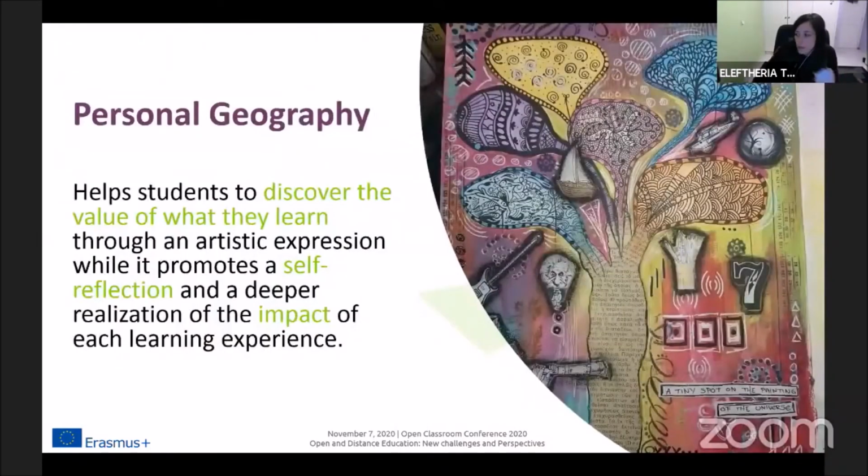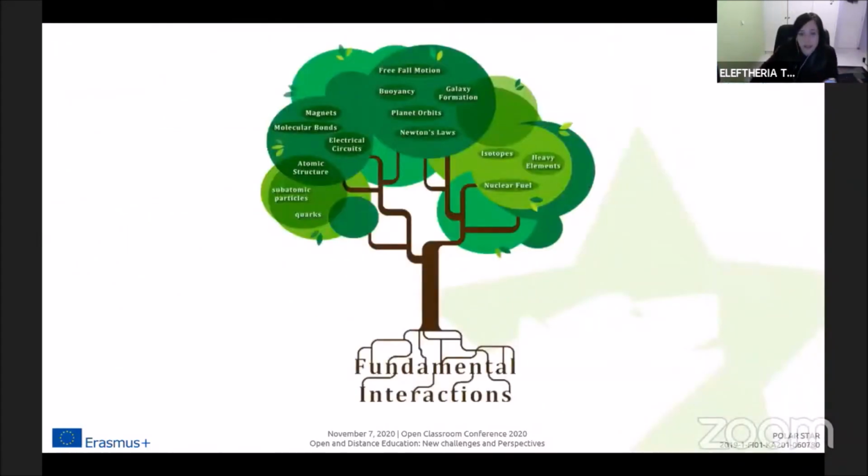And then we've got, for example, this could easily be a personal map where you depict the big idea as a tree, and each basic idea is depicted by a leaf on that tree or a fruit on that tree.